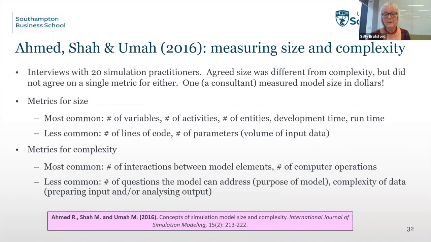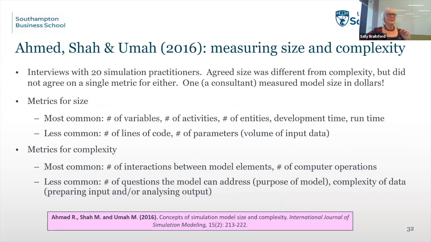A bit later on, in 2016, Ahmed, Shah and Omar tried to get people's different ideas of what size and complexity were. They conducted 20 interviews with practitioners, and basically they couldn't come to a single definition.